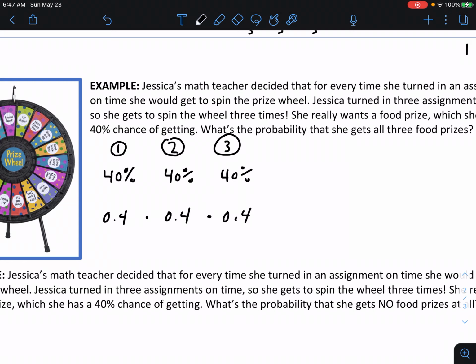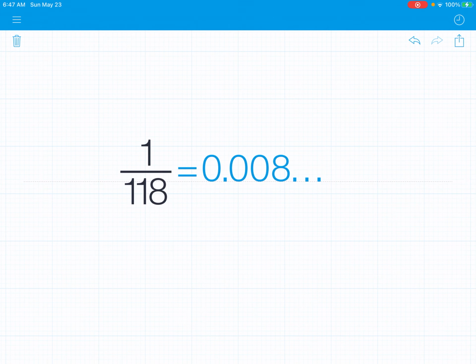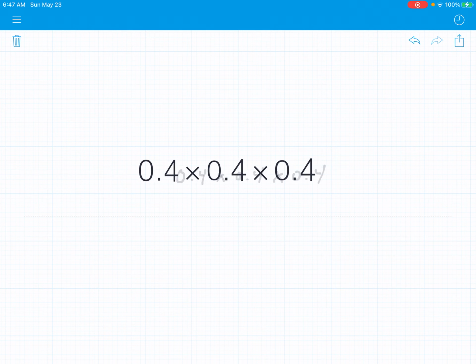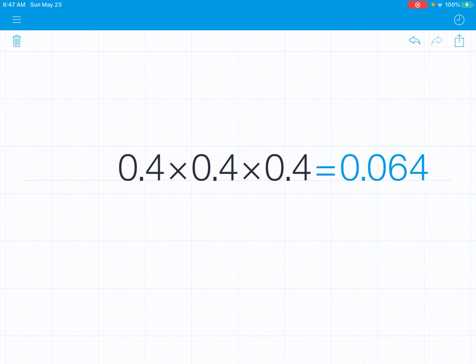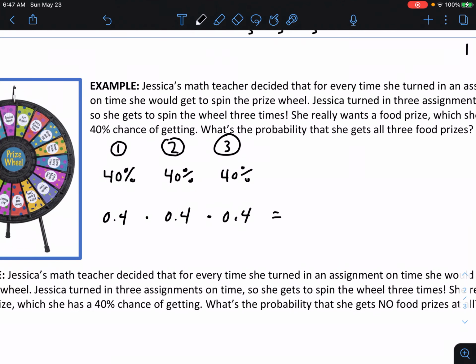I'm guessing most people can't do that in their head, so what we should do is go grab a calculator and do 0.4 times itself. So 0.4 times 0.4 times 0.4. What do we get? 0.064.